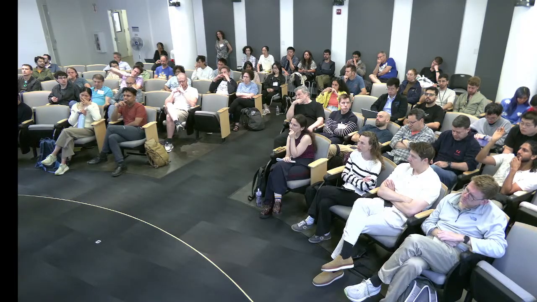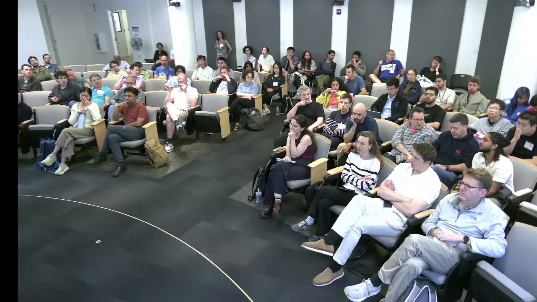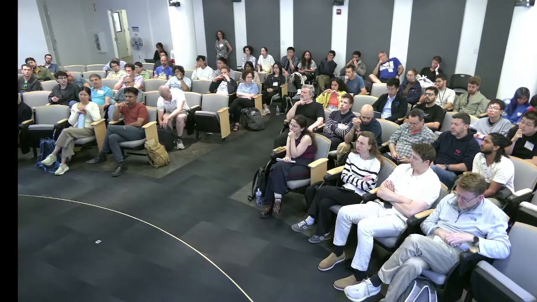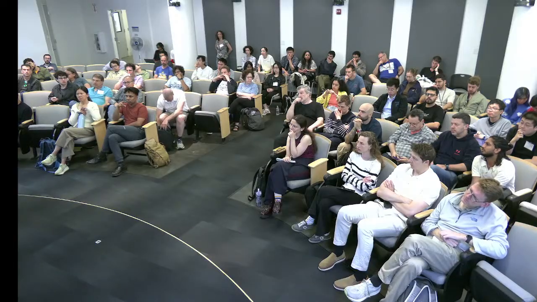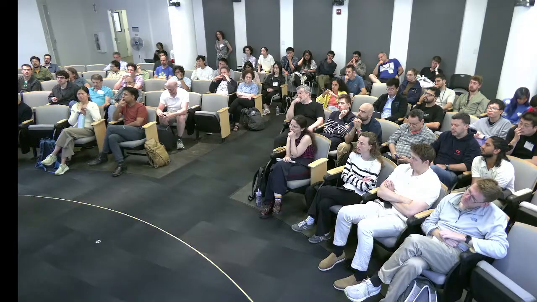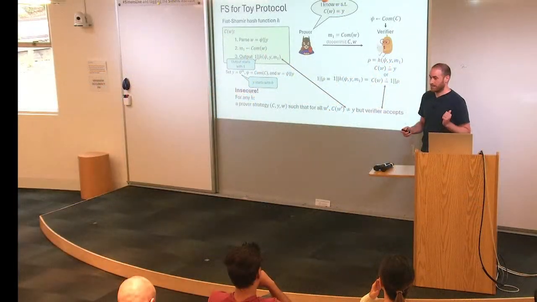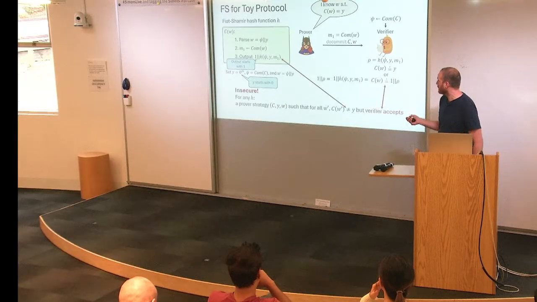And where we're using that this is an argument and not a proof is because in the proof setting you would get the circuit C instead of the commitment to it. Is that where it breaks down? Yes. I will mention that there is a version of this attack that works for proofs, and you can see it as an attack on CI hashing, which I think Alex mentioned on Monday.